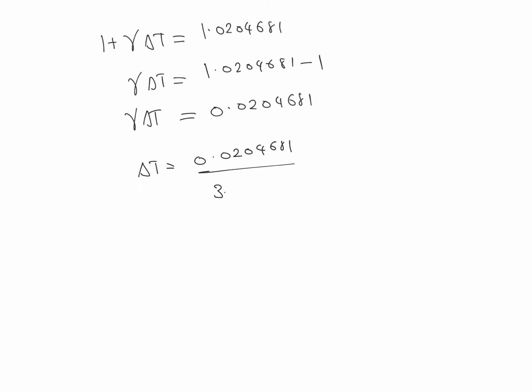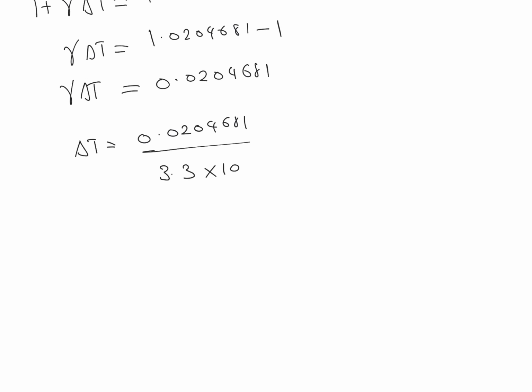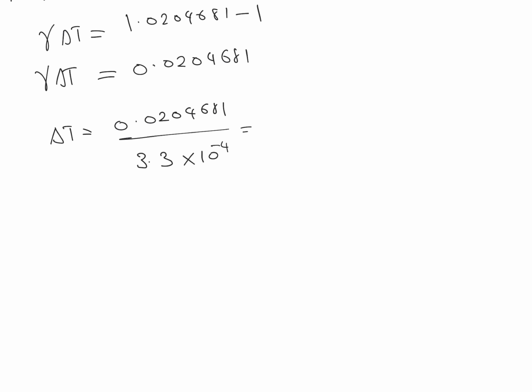The question gives gamma as 3.3 into 10 raised to minus 4, so this is 204.681 divided by 3.3. So we get the value of delta t as around 61.84. This is the more accurate value.